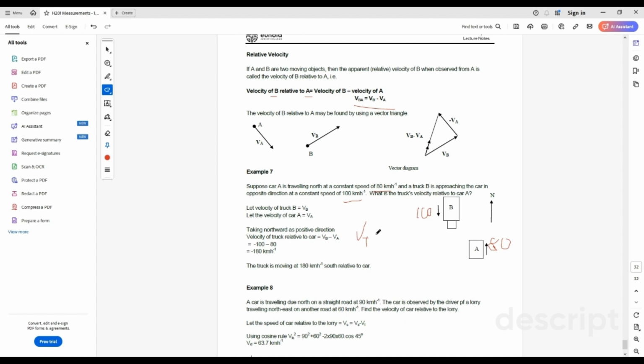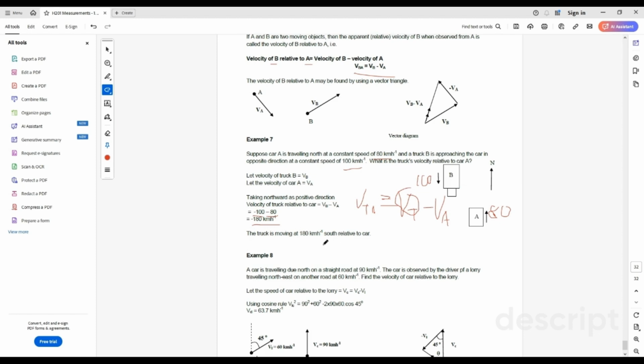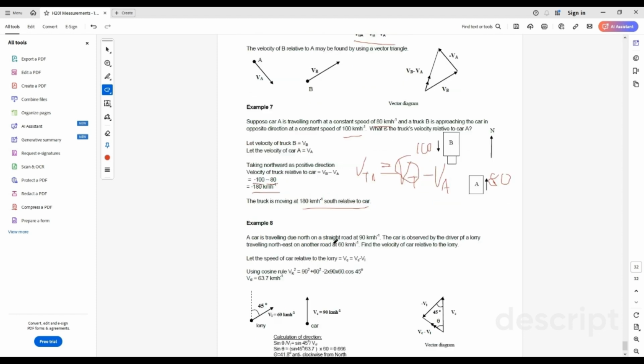So using this formula, since we know that the velocity of the truck, taking the upwards direction as positive, is negative 100, and then we subtract the velocity of A, which is 80, we'll then get negative 180 kilometers per hour, which is also 180 kilometers per hour south relative to the car.